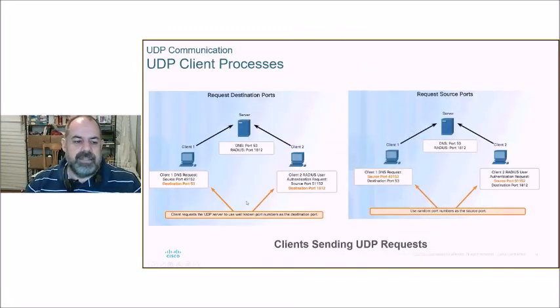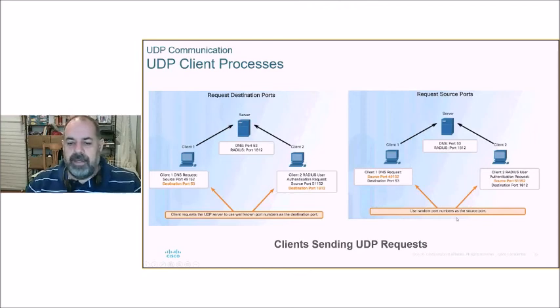So basically this is a DNS server as well as a RADIUS server. In this instance, this client wants a DNS name resolution, while this one wants to use the authentication service. Of course, the destination port is port 53 for DNS and 1812 for RADIUS.